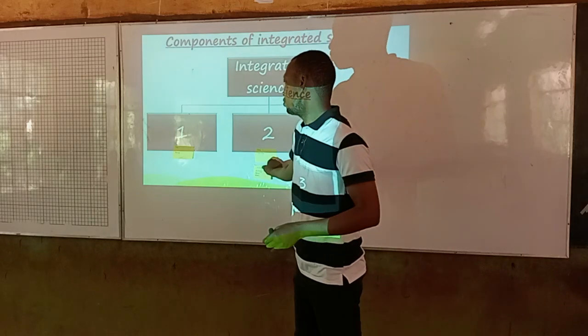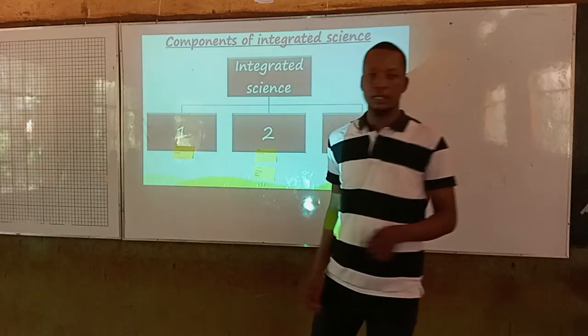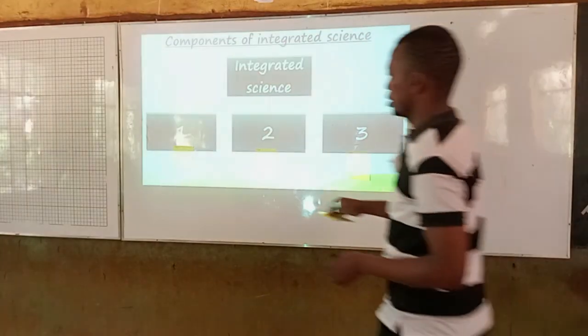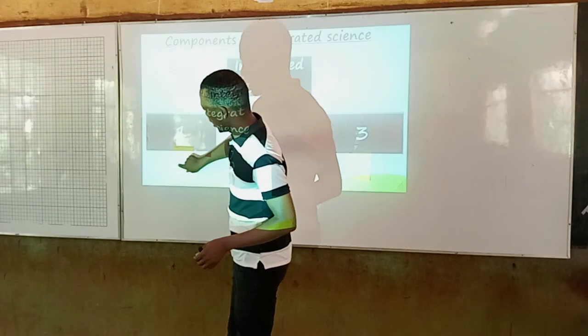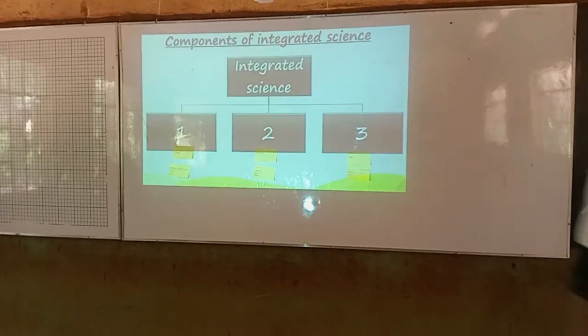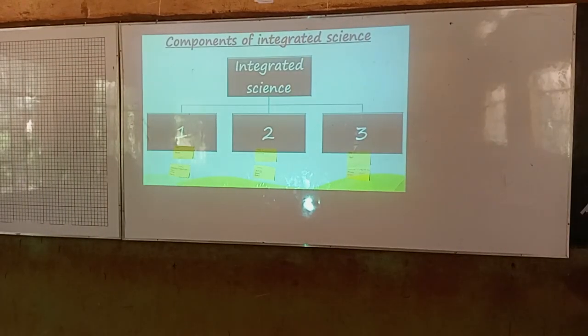Some of them, they wrote everything. That was the activity. Now we have group 1, group 3. Maybe you can present something. Who is presenting? You say what you have written there.